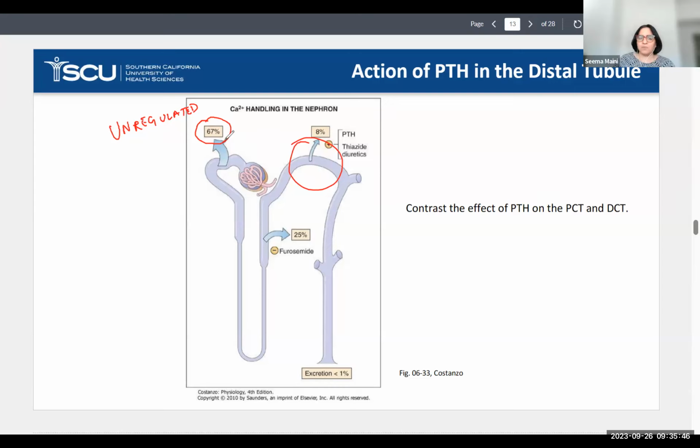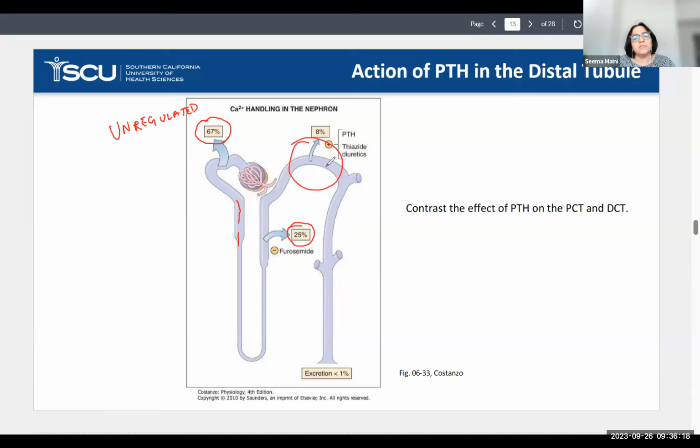It has to happen without any hormone. So 67% of calcium is reabsorbed anyway, parathyroid hormone or no parathyroid hormone. Then we are left with 33% calcium ions in the filtrate. This filtrate flows through the descending limb and then the ascending limb, and 25% is again reabsorbed, which is also unregulated, not under the influence of any hormone.